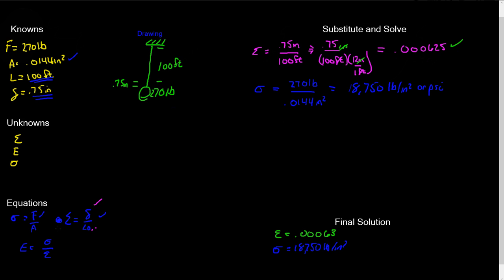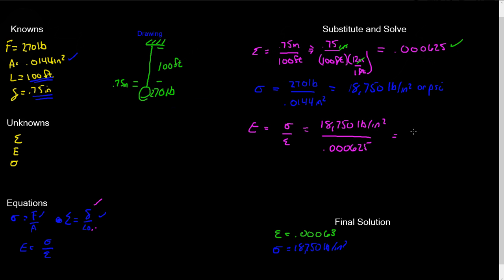Now let's come down and look at what E is. We've already said from our formulas that E is equal to my stress divided by my dimensionless strain. So that is going to equal 18,750 pounds per inch squared divided by my factor right here, 0.000625.